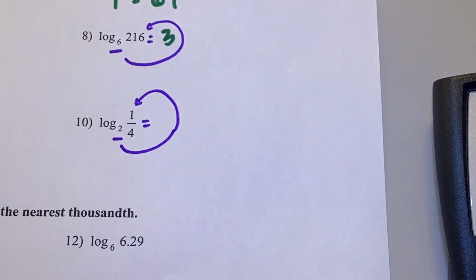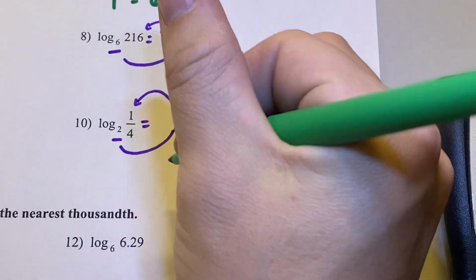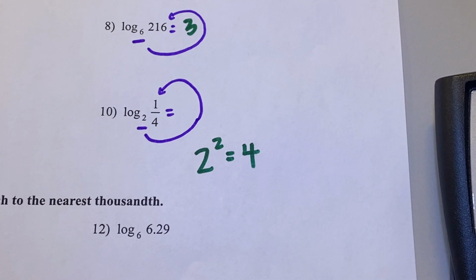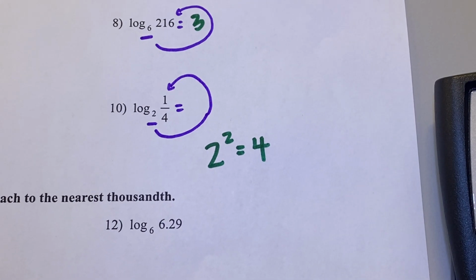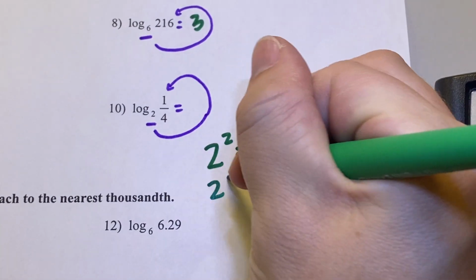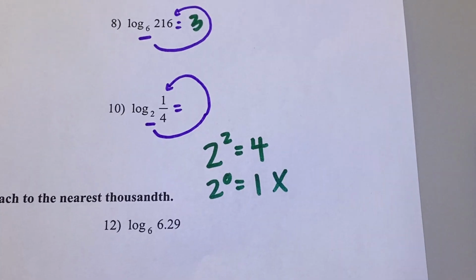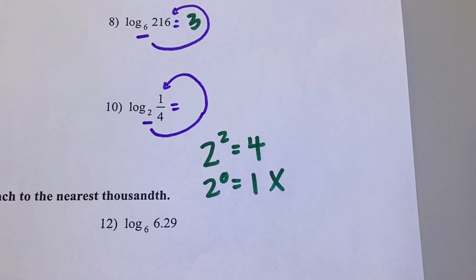Okay, everybody write this on your paper. We know that 2 squared gives us 4, correct? We're looking for 1/4, so maybe 0. What about 0? Good question. What is 2 to the 0 power? What's anything to the 0 power? 1. Dang it, not what we're looking for. But let me remind you about one of our exponent rules.